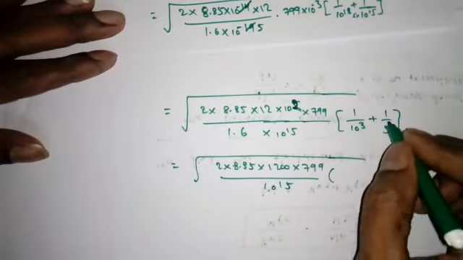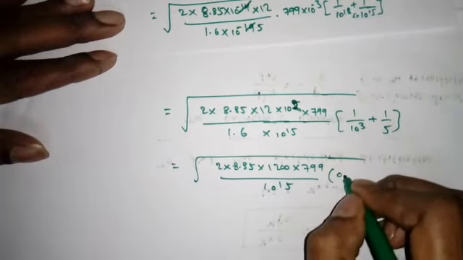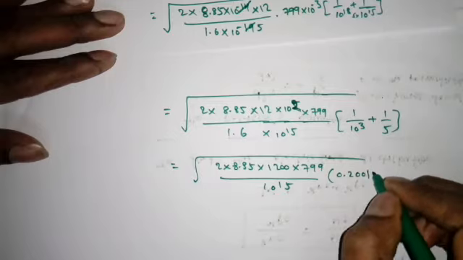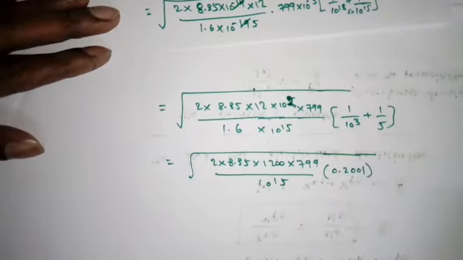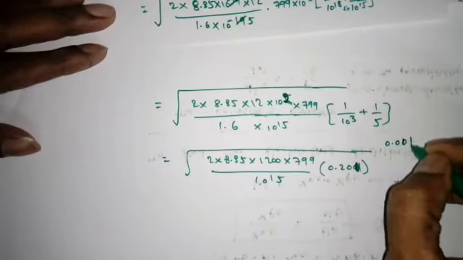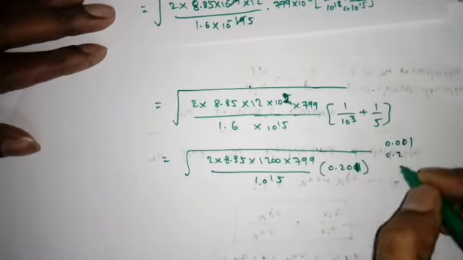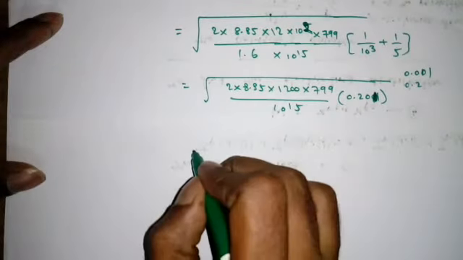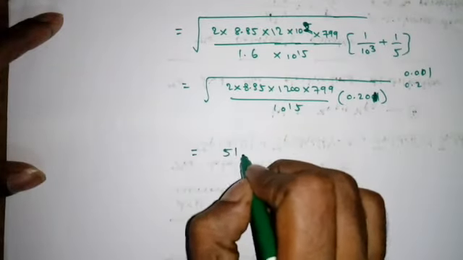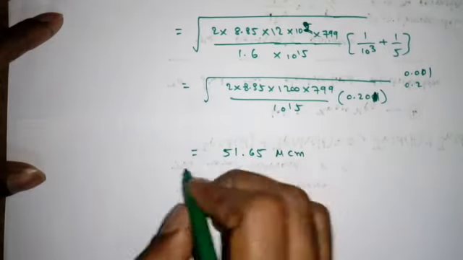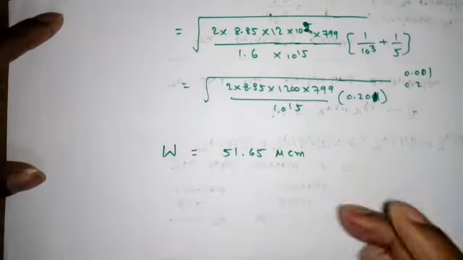So 1 by 5 means 0.2, and 1 by 10 cube is 0.001. So 0.201, okay, because 0.001 plus 0.2. So 0.201. So this will become 0.65 micrometer. This is the total width W.